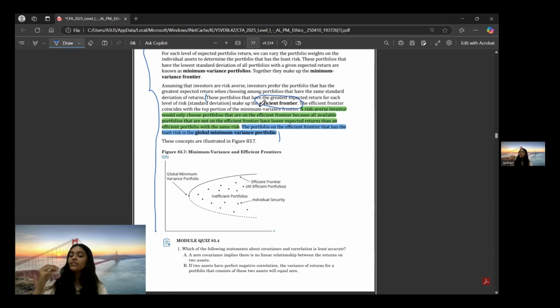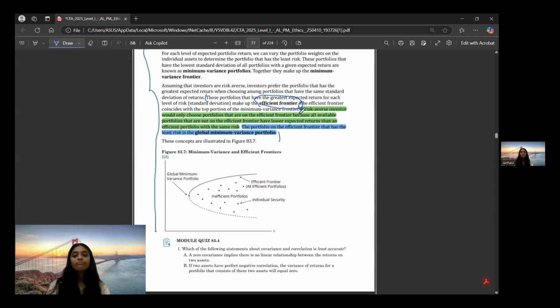For example, if there is a certain amount of risk involved, the best return that you will get for that amount of risk is what the efficient frontier describes. The efficient frontier coincides with the top portion of the minimum variance frontier.